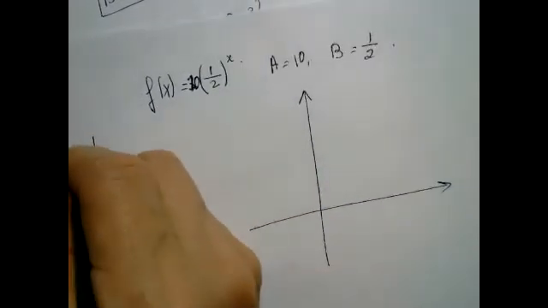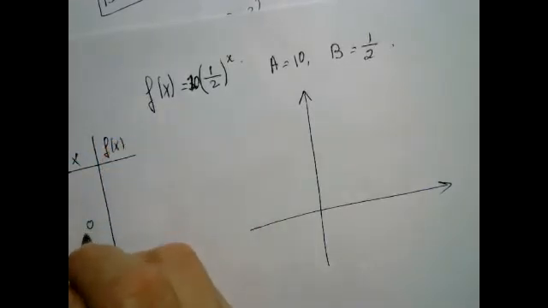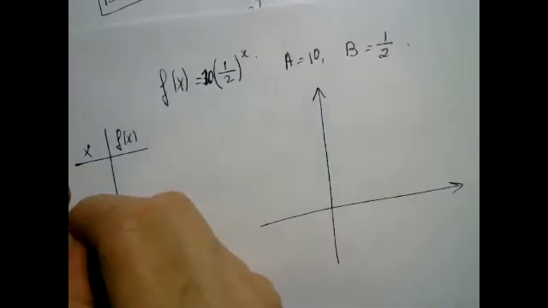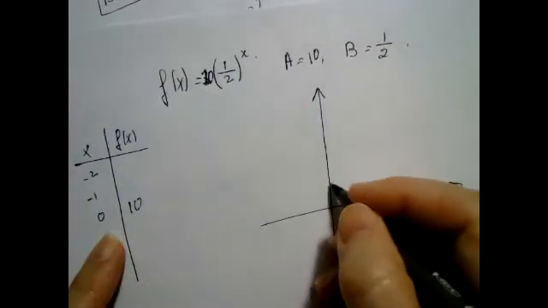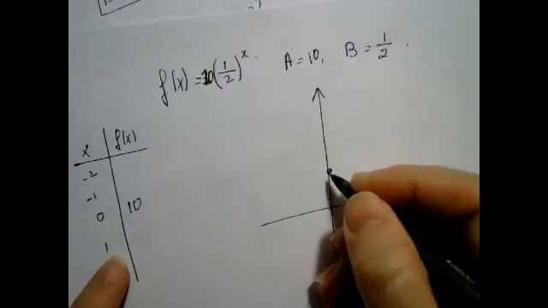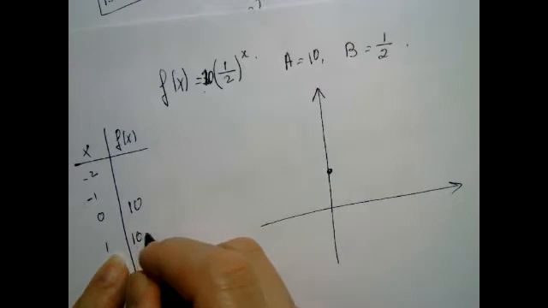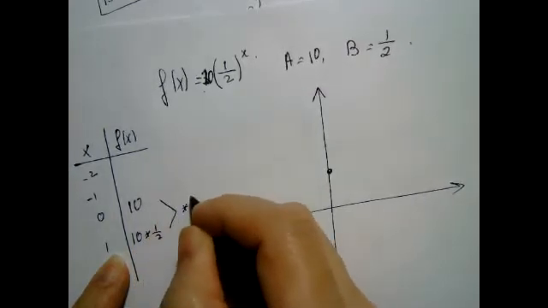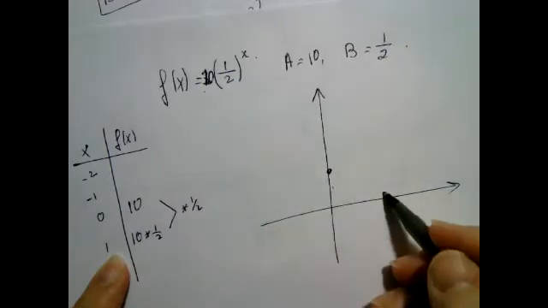So if I put x and f of x, and I take 0, 1, 2, and minus 1, minus 2. At 0, I will have 10. What happens at 1? At 1, it's 10 times a half. So I'm multiplying by a half. I'm halving this value. So definitely it's going to decrease.